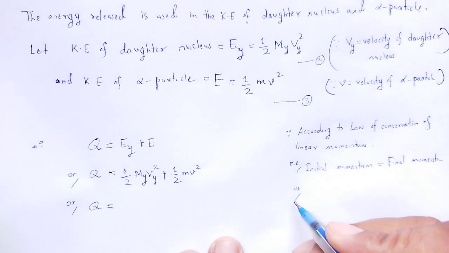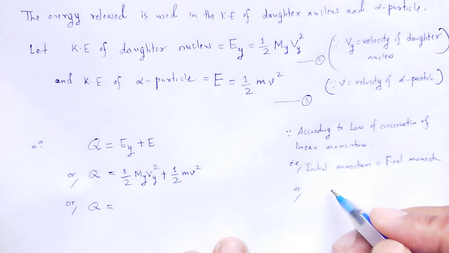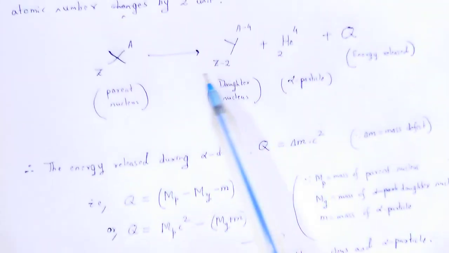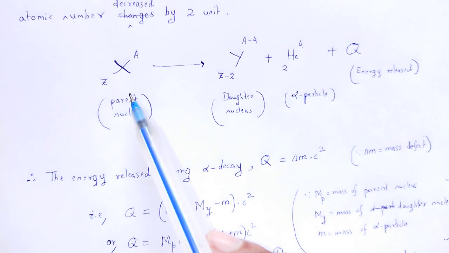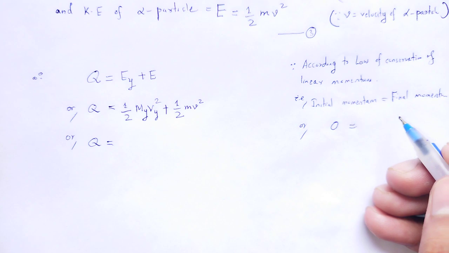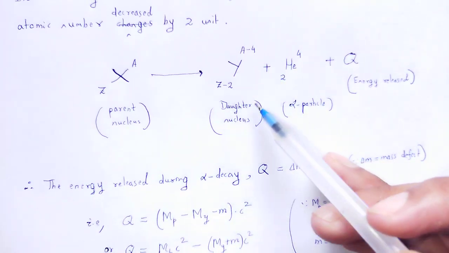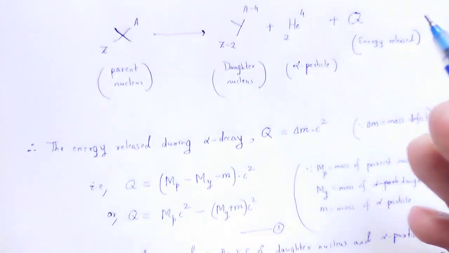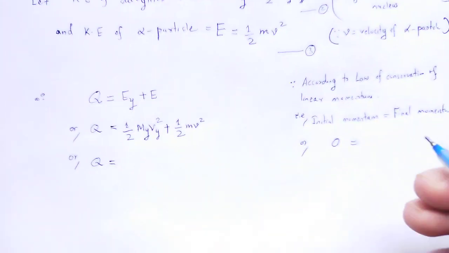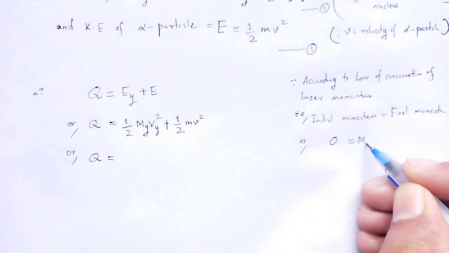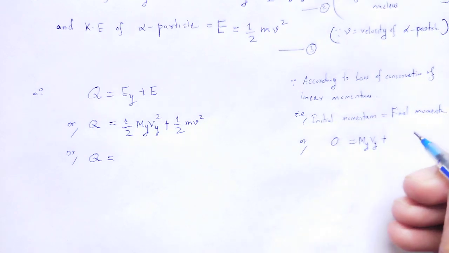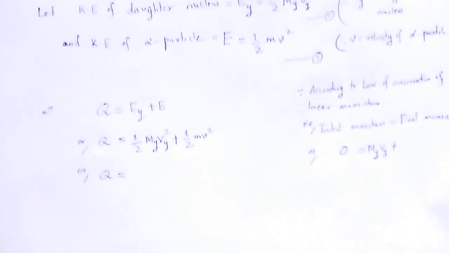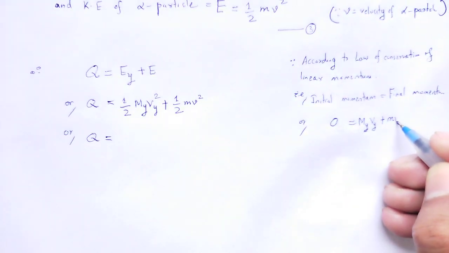In this situation, the initial momentum is 0, since the parent nucleus is at rest, so its velocity is 0. The final momentum is the momentum of the daughter nucleus plus the momentum of the alpha particle: My Vy plus m v.